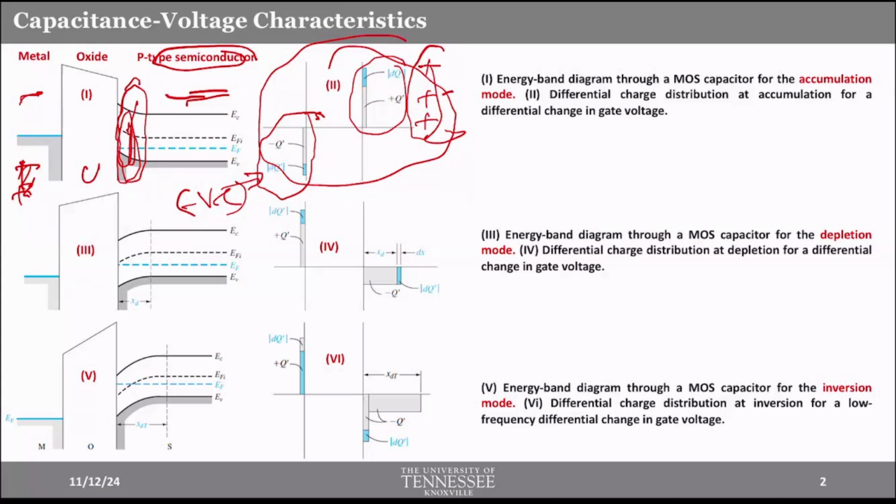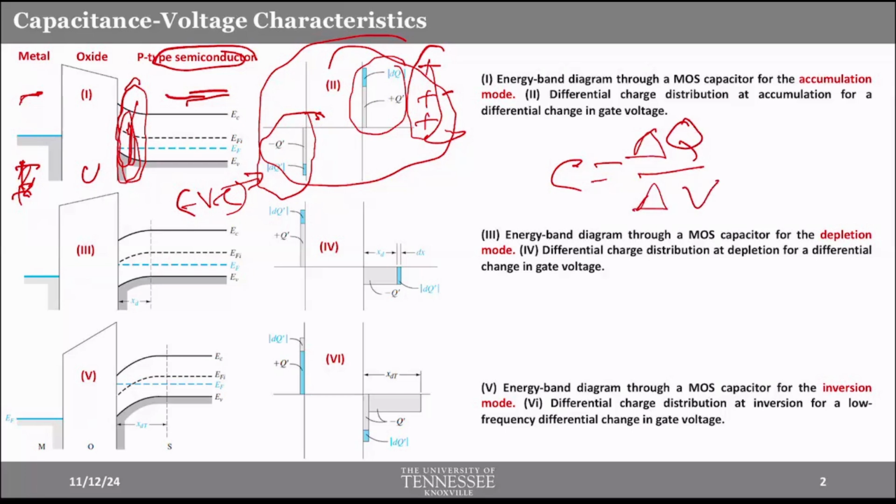So think about it. If we increase the negative voltage in the metal, what will happen? The holes will also increase, right? So if you remember, what is capacitance? Capacitance is basically the change of charge with the change of voltage.